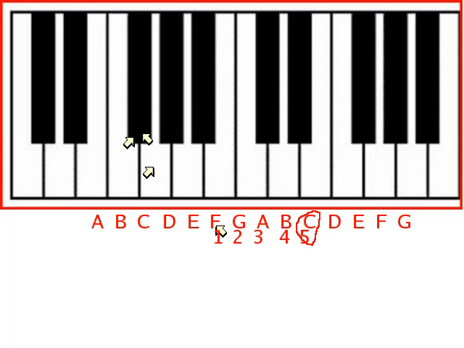F sharp to this note, 1 half step, 2 half steps, 3 half steps, 4, 5, 6, 7 half steps. This has to be named as a C. This note right here has to be named as a C, and that's really an easy one.